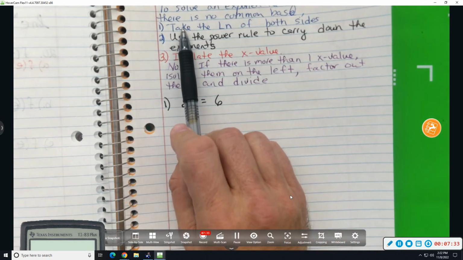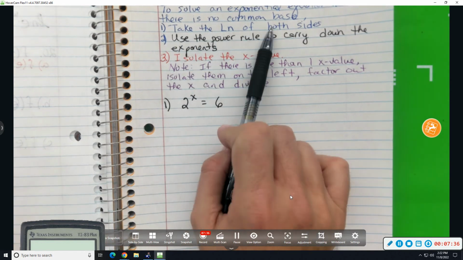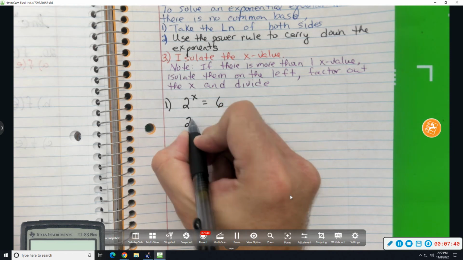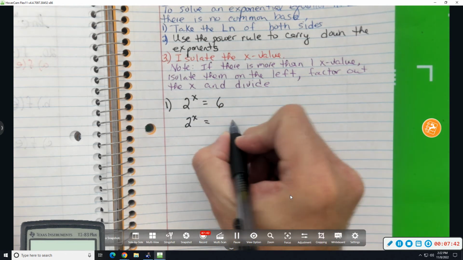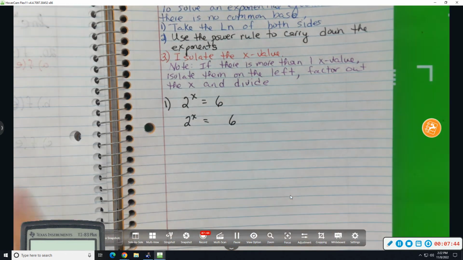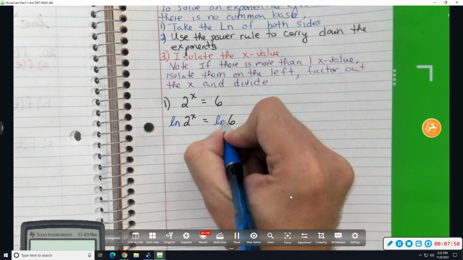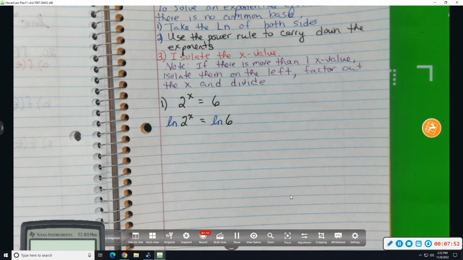First thing we do, take the natural log of both sides. Really, all you're going to do is stick an ln in front of each side. I want to recopy this problem, spreading it out, so I'll have room to stick ln in front of both sides. So that's step 1.